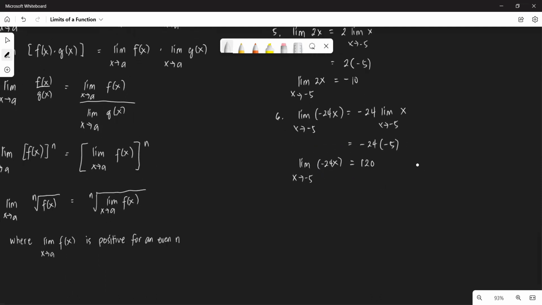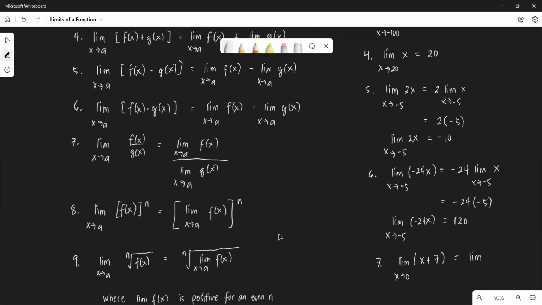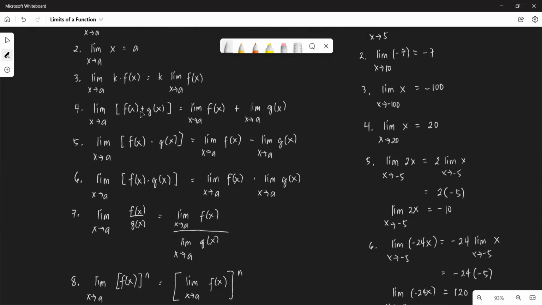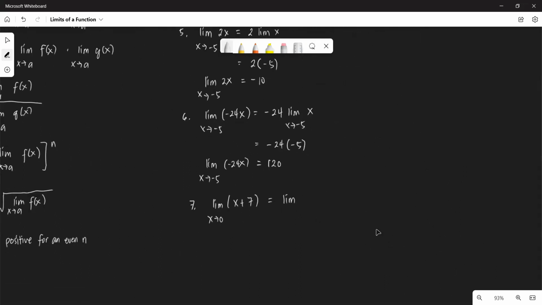All right, so another example, this time using another property. If we're going to have x plus 7 as x approaches 0, we use property number 4. So f of x plus g of x: get the limit of each function and then add the results together.